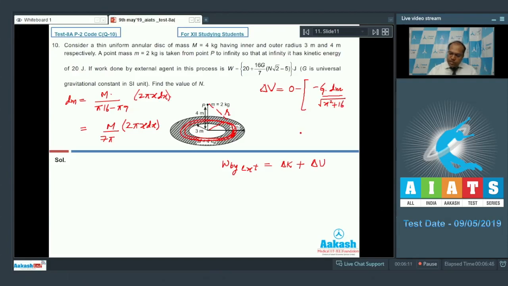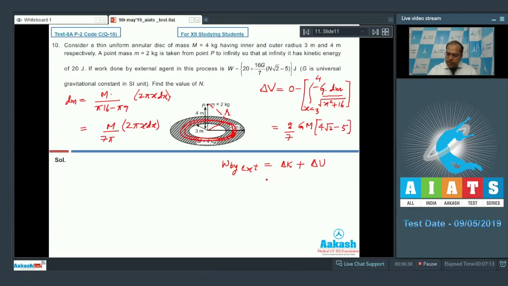So if I take the integration from x equal to 3 to 4, then this will give the value of the gravitational potential at point P in the initial state. So on solving, it comes out to be 2 by 7 G into M into 4 root 2 minus 5.